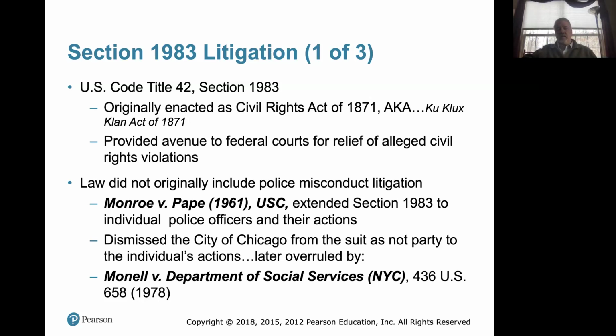Pape, the Court extended the 1983 actions to individual officers and their actions. But there are other examples where they've dismissed the city of Chicago from suit as not a party to the individual's actions. So it originally said in 1983 you could sue individuals, and then they extended it so that you could actually sue the agency itself.